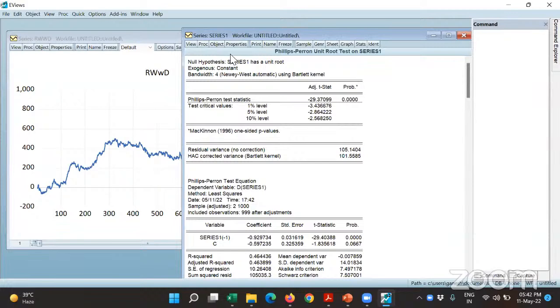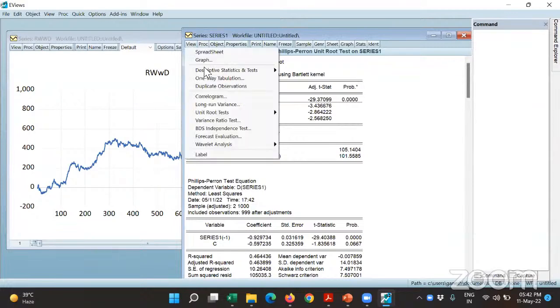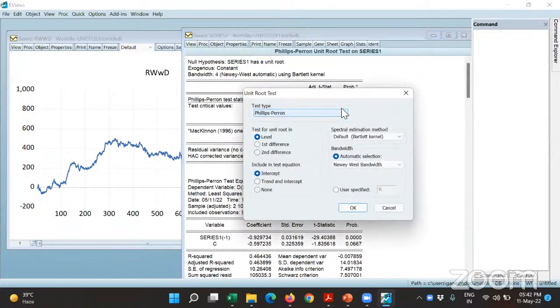Another test is the KPSS test. You have to keep in mind that all the tests except the KPSS test have the same null hypothesis, that the series is non-stationary. In the case of the KPSS test, the null hypothesis is that the series is a stationary series.